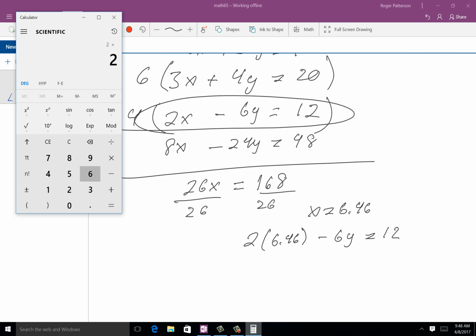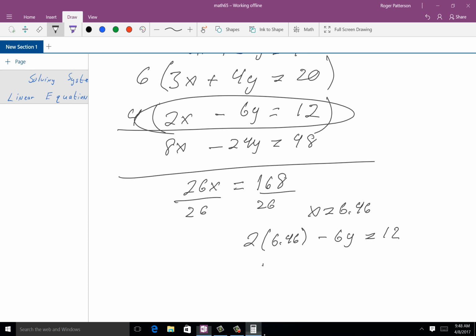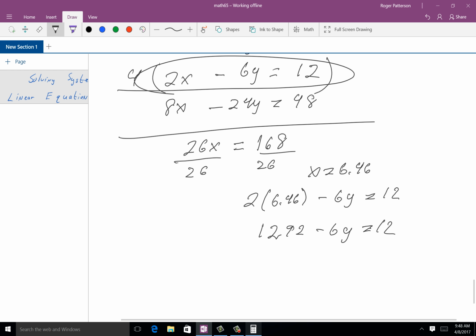2 times 6.46 equals 12.92 minus 6y equals 12. And then I just have to figure this out.